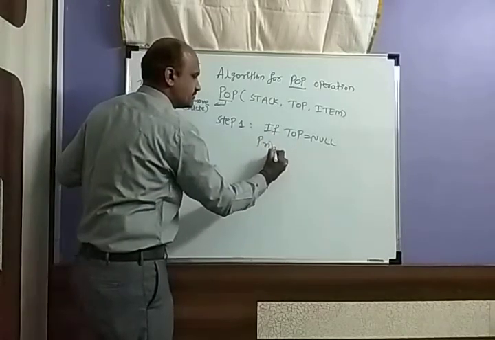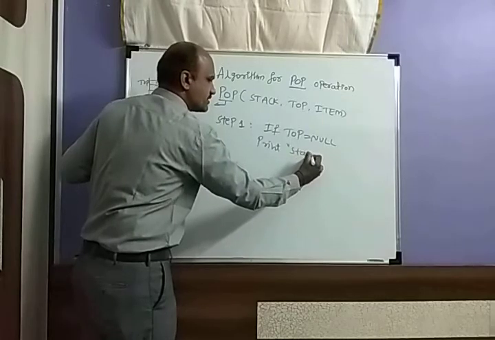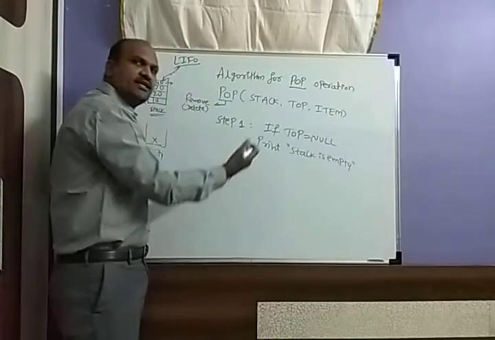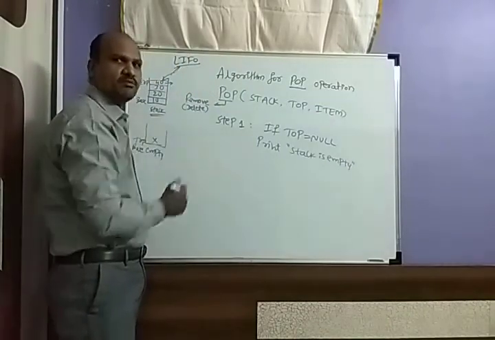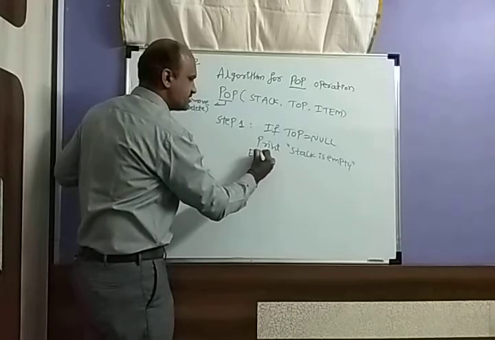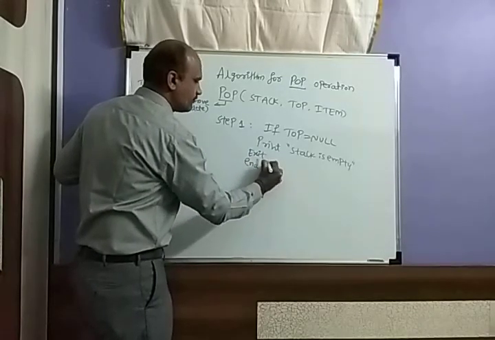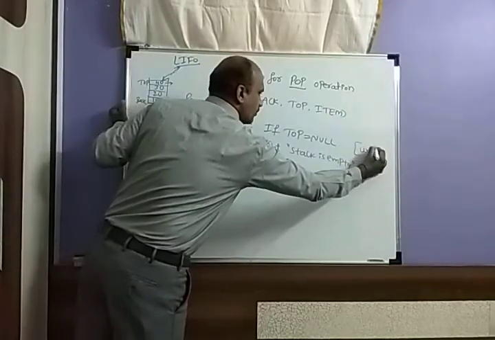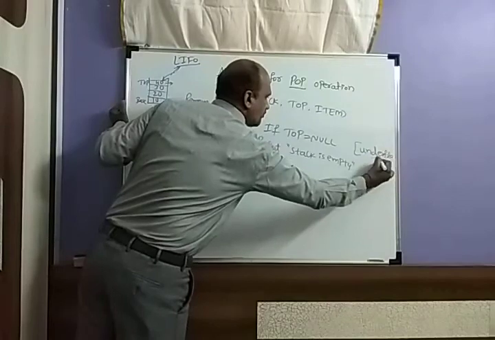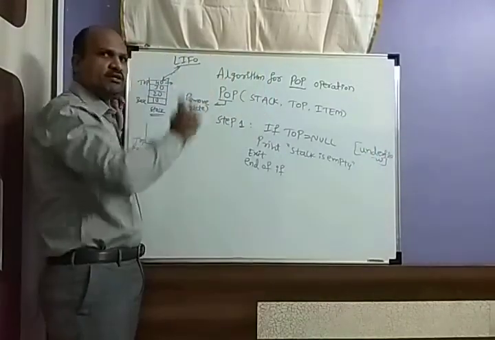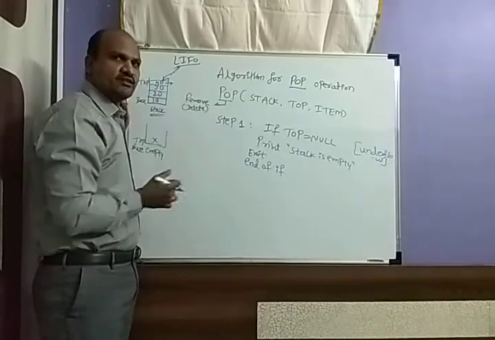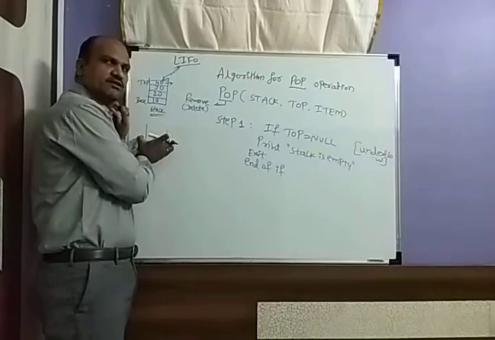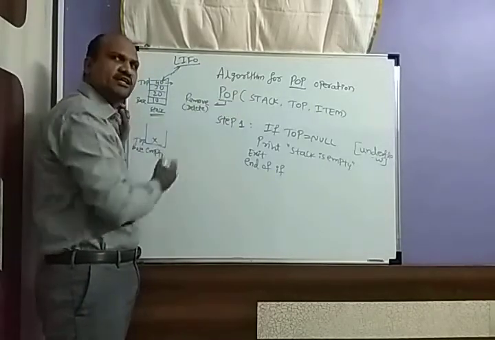Then print that stack is empty. If it is empty, then we cannot delete any item from the stack because there is no element present in the stack. Then exit, then end of if. This condition we call underflow. There we call it overflow because we cannot insert items more than n minus 1, since the size is already given. So here, top is equal to null: you have to check whether the item is present or not because we are deleting the item.